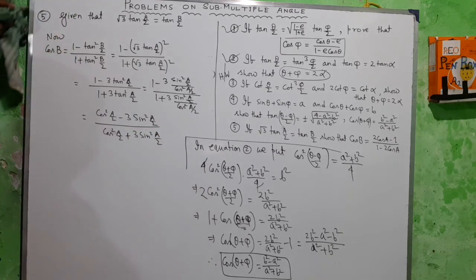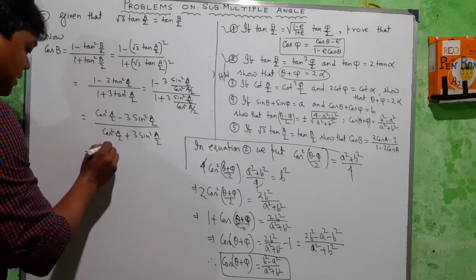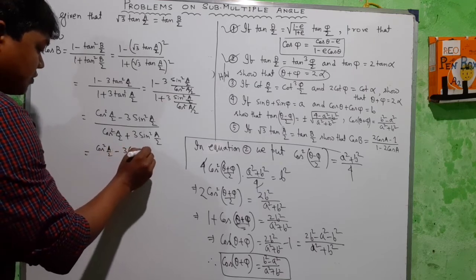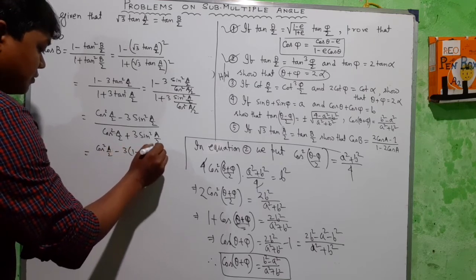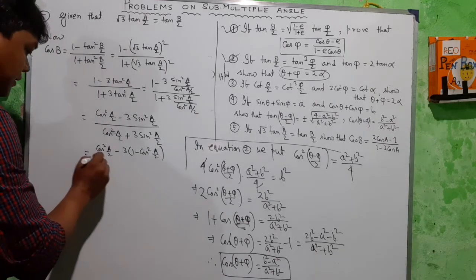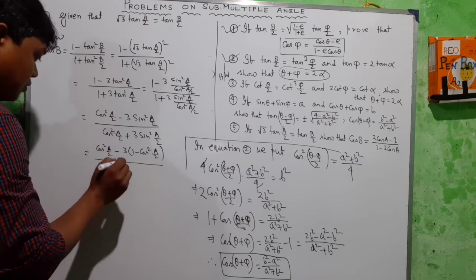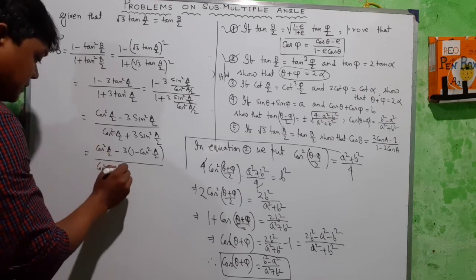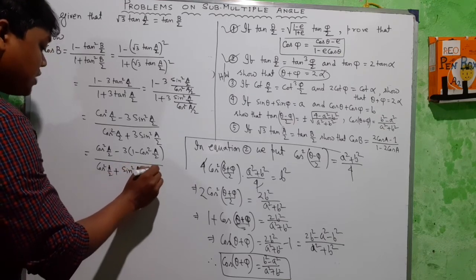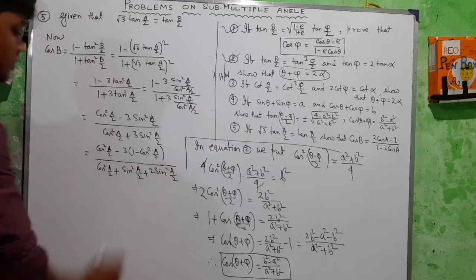Okay. So now cos square a/2 minus 3 into (1 minus cos square a/2), and cos square a/2 plus sin square a/2 plus 2 sin square a/2.